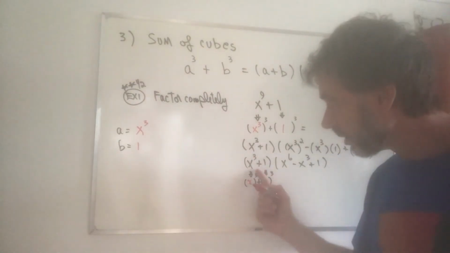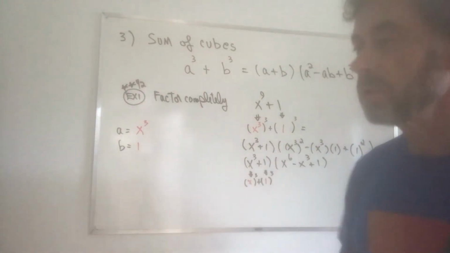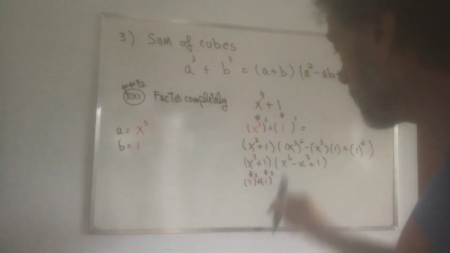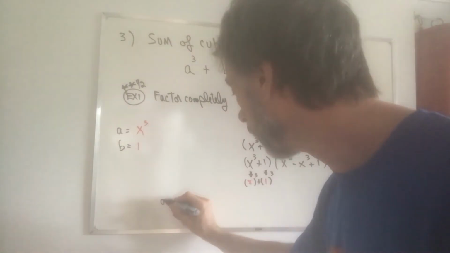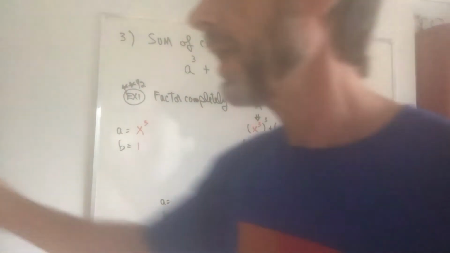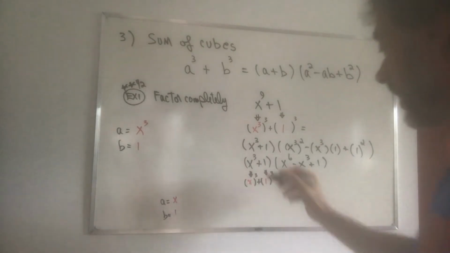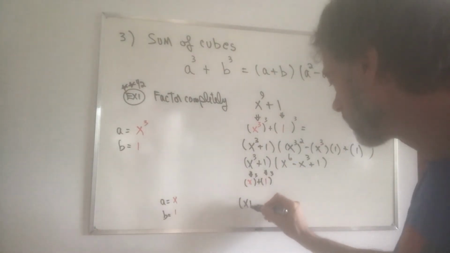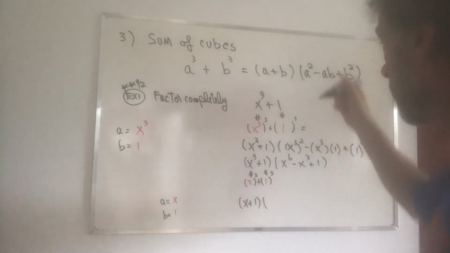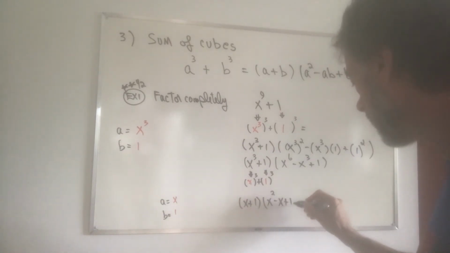Inside the sum of cubes, this is another sum of cubes. So we have to refactor this, and this time our A is x and our B is 1 in this refactoring of another sum of cubes. So what do I get? I get x plus 1 times x squared minus x times 1 plus 1.